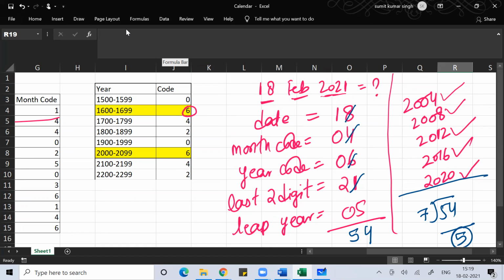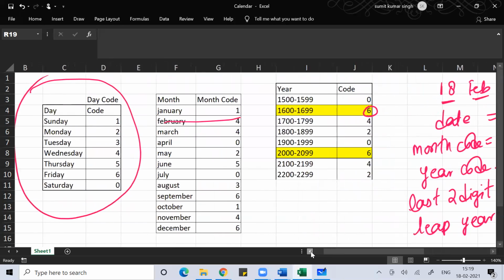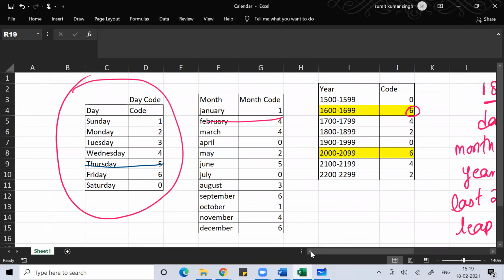Why, sir, did you divide by 7? Because 7 days make 1 week. So 54 days means 7 weeks plus 5 days extra. Once you get the answer 5, you can check here: 5 means Thursday. Today is Thursday.